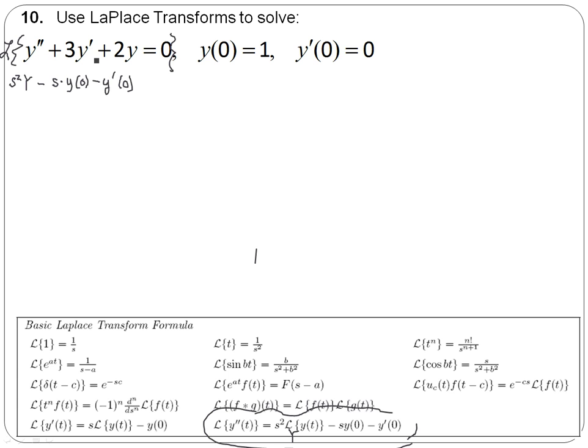Okay, and then I have plus 3 times my first derivative, and our first derivative is given right here. And again, this Laplace of y of t, we'll let that be capital Y. So I get s times capital Y minus y of 0.